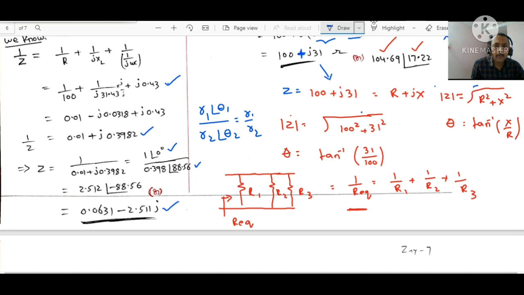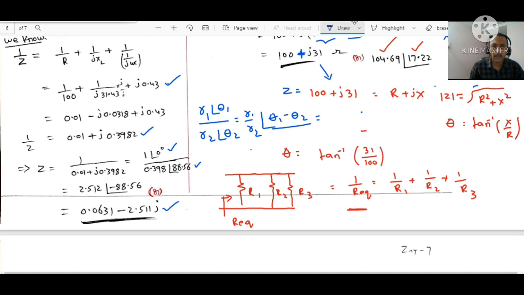R1 by R2 at an angle theta 1 minus theta 2. Once you got the polar form, then you convert it into the rectangular form. That is also okay.